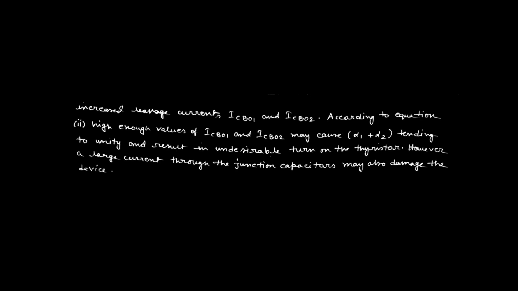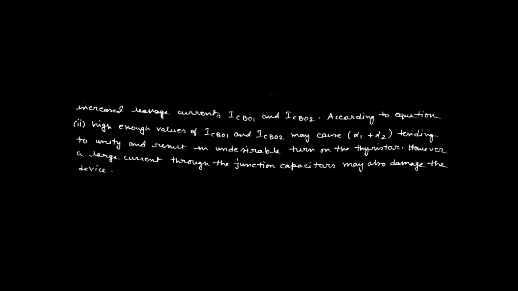Accordingly, from equation 2 we discussed before, a high enough value of ICBO1 and ICBO2 may cause alpha 1 plus alpha 2 to tend to unity, and then a huge amount of anode current starts flowing through the device or thyristor. However, the large current through the junction capacitance may damage the device permanently.